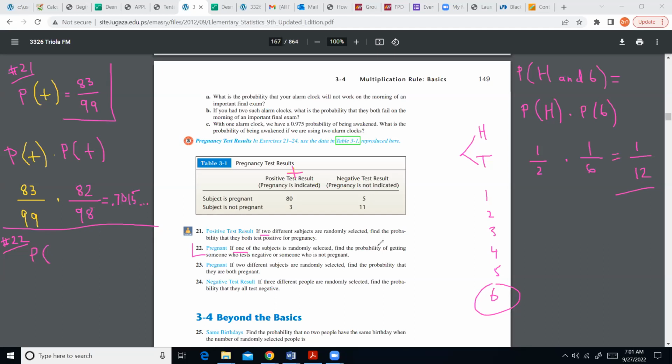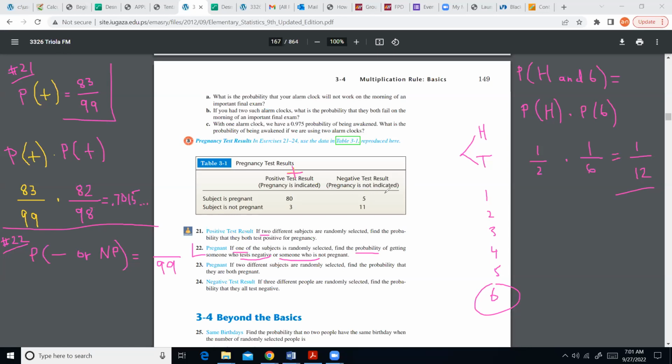So they still want to know the probability of getting someone who is negative or not pregnant. Okay, negative or not pregnant. I put NP, not pregnant. So we do selection again out of 99 subjects. Remember, the total is still 99 for our sample.